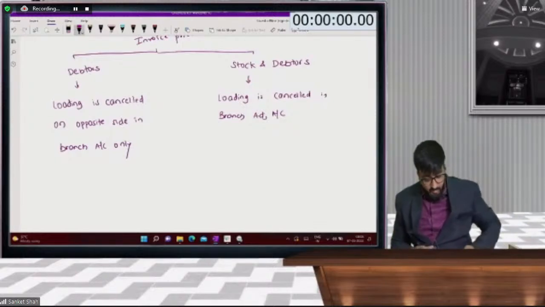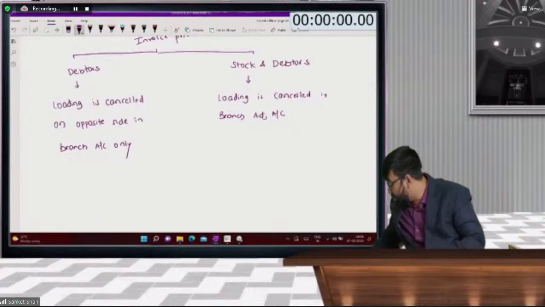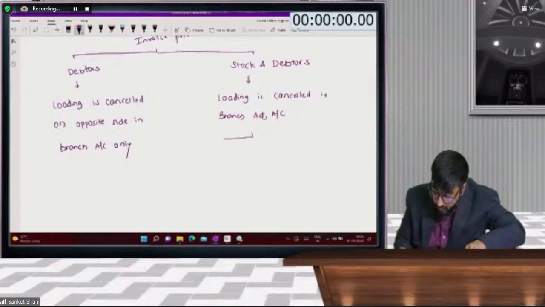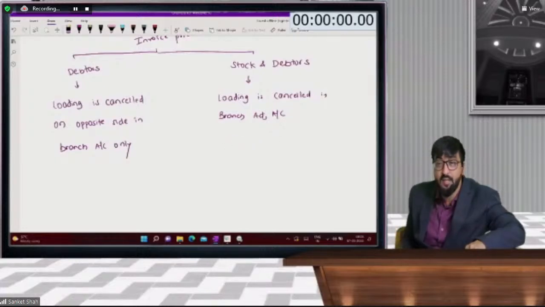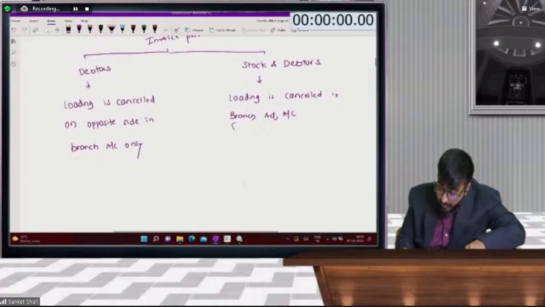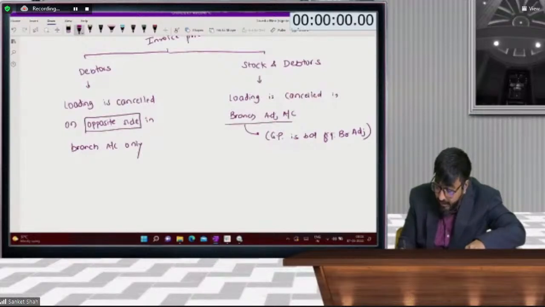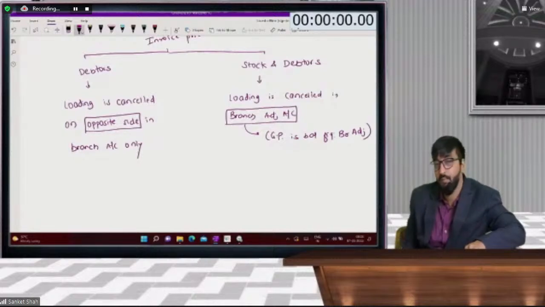Remember, you have to cancel loading in branch adjustment account. And GP is the balancing figure for branch adjustment. So you will not cancel on the opposite side; here in the opposite side, and here in branch adjustment account.